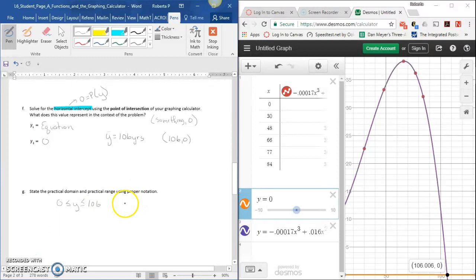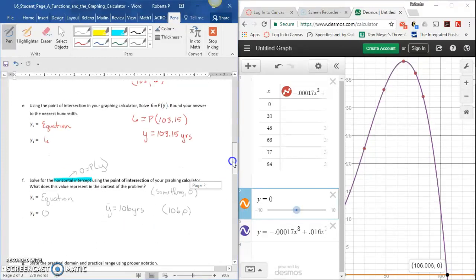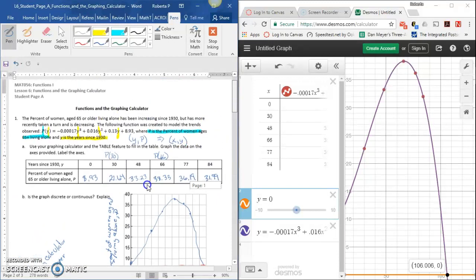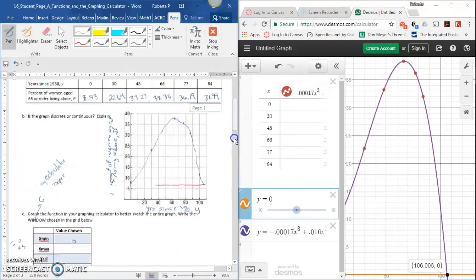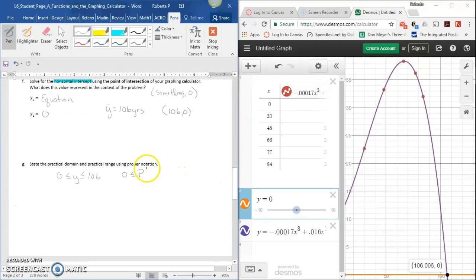But using this information, 0 less than or equal to P, and then we go back up to our graph, and we can look at our table and see the most amount was 38.33, so less than or equal to 38.33 would be our practical range because it's talking about the percent.